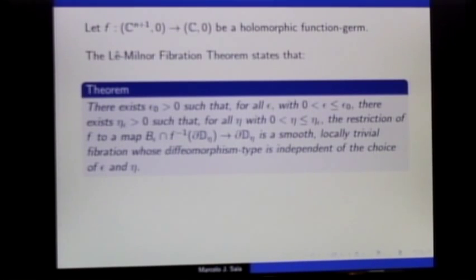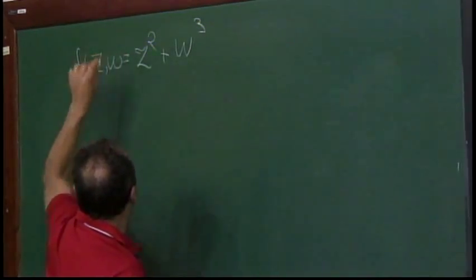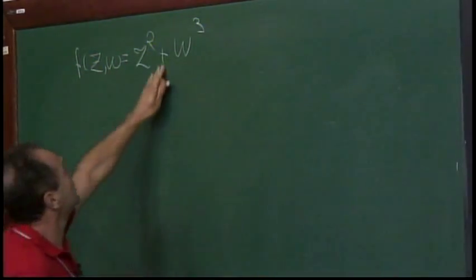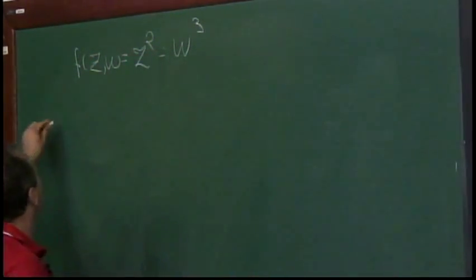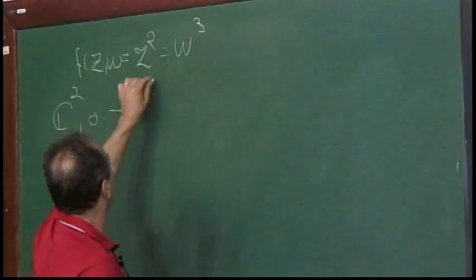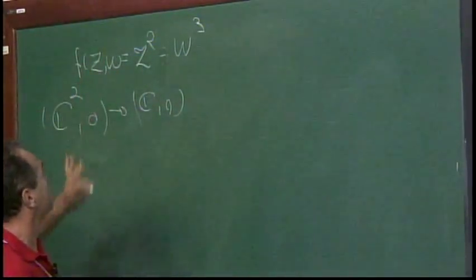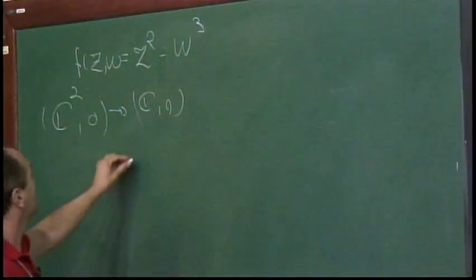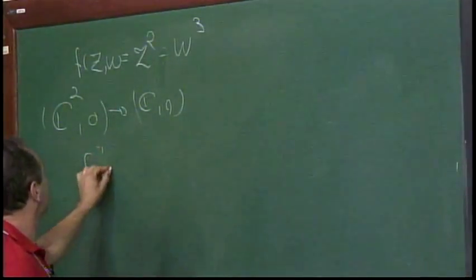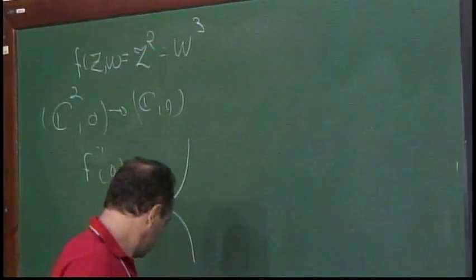If we consider this function, z^2 + w^3, which goes from C^2 to C, I am looking for the germ of this function for now. If we consider f^{-1}(0), you have something like that.